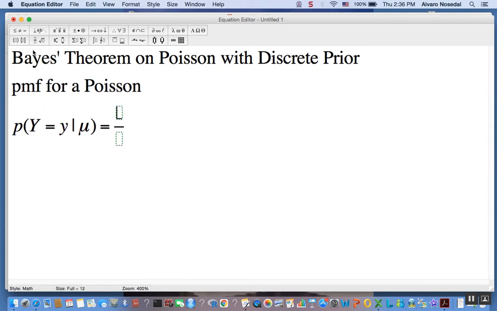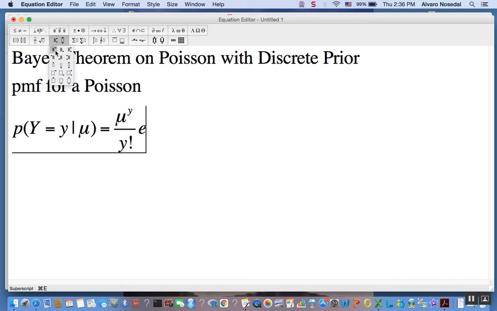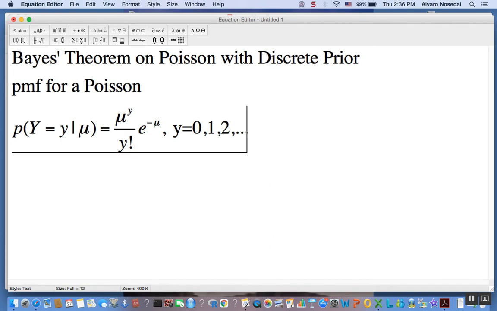So that formula, the PMF, will be given by this, right? Mu to the power y divided by y factorial times e to the negative mu. And the support, right? Y could be 0, 1, 2, and so on, right? Okay.